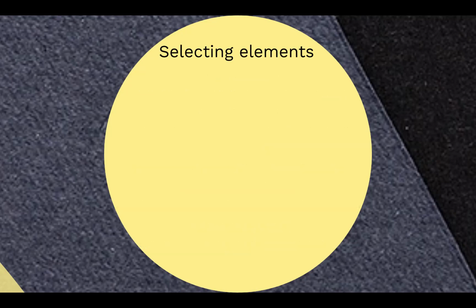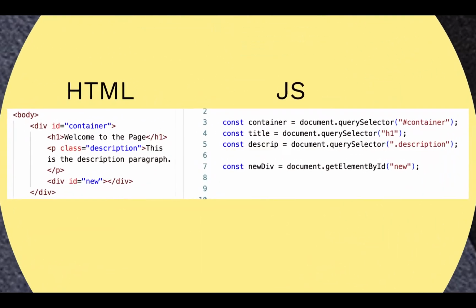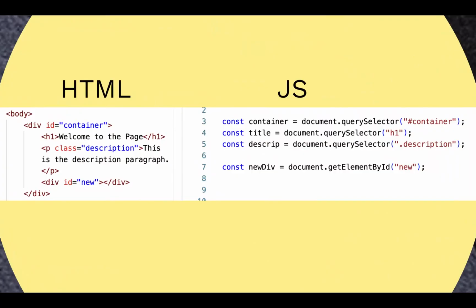In the figure, the first three statements use query selector to select an element with the ID container, an H1 element, and an element with the class description. The last statement uses getElementById, and each of these four elements is then assigned to a constant.